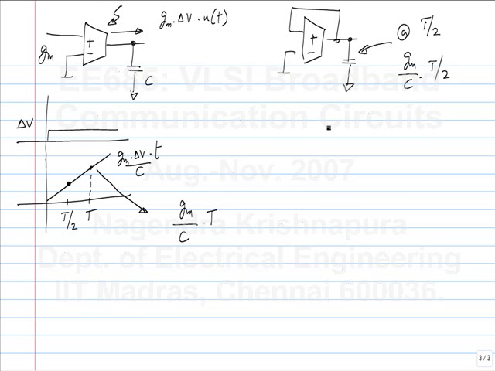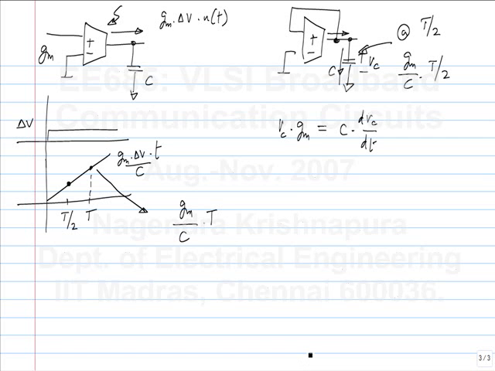After that, the input is detached, and whatever is the natural response of the circuit is what is followed. What is the equation governing this? You have to use Kirchhoff's current law at this node. The current flowing out of the transconductor is Vc times Gm, and that is equal to the current flowing through the capacitor, which is C times the derivative of the voltage.